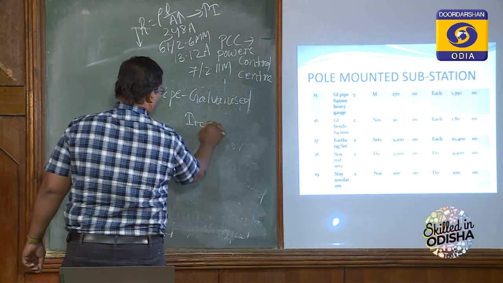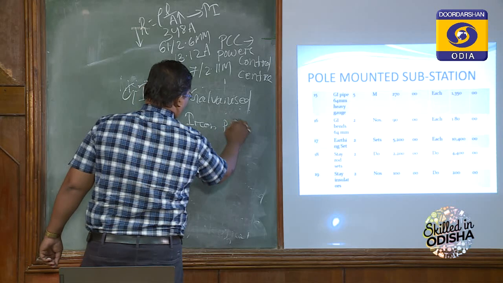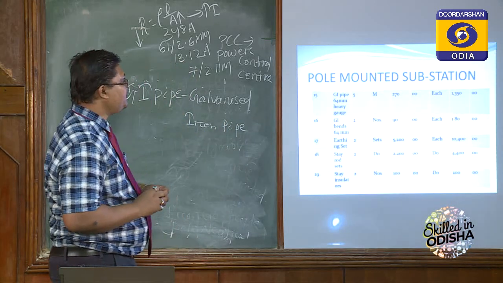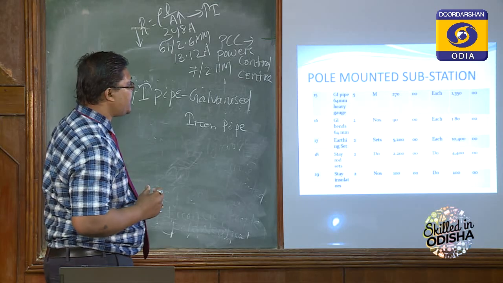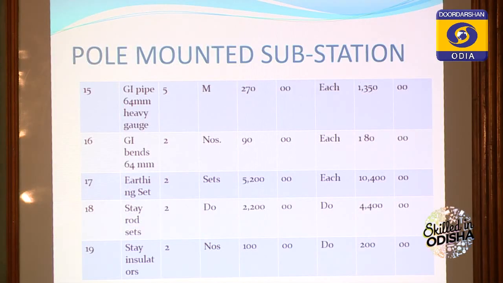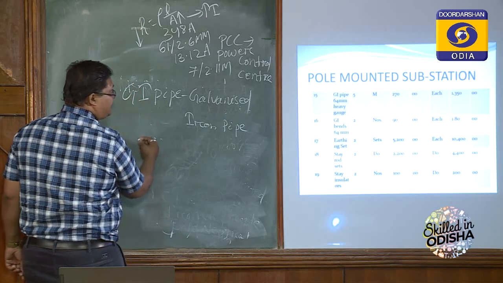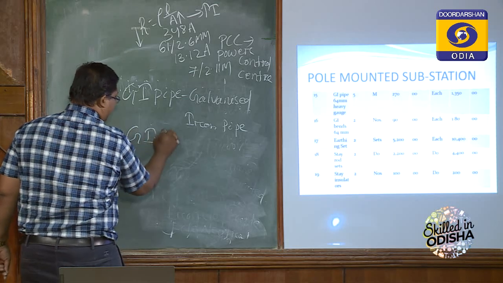Galvanized iron pipe 64 mm heavy gauge is required, 5 meter at 270 rupees per meter, so the total cost will be 1350 rupees. Next, GI bands.